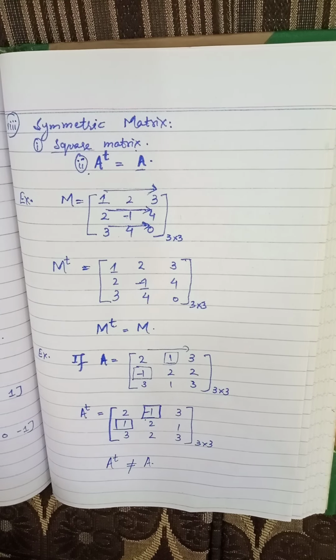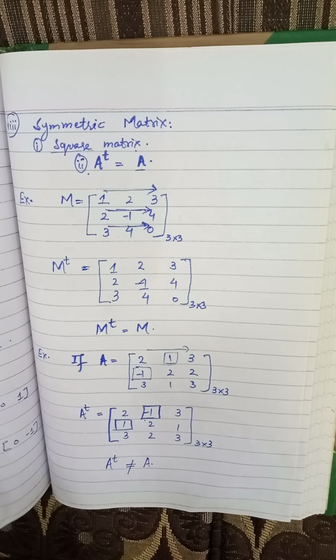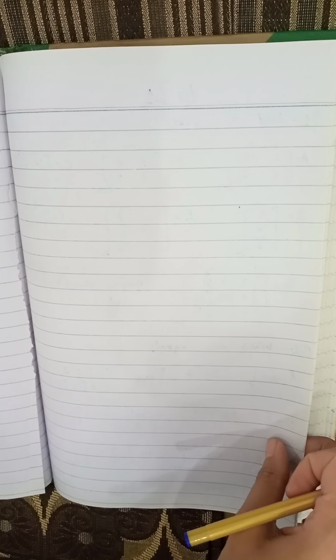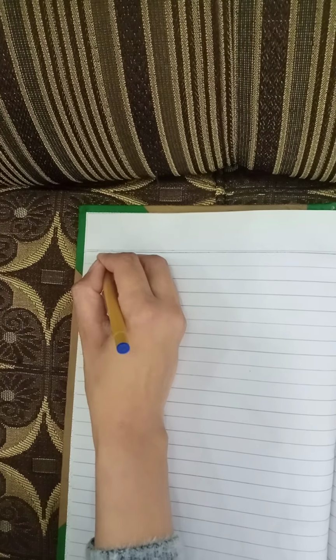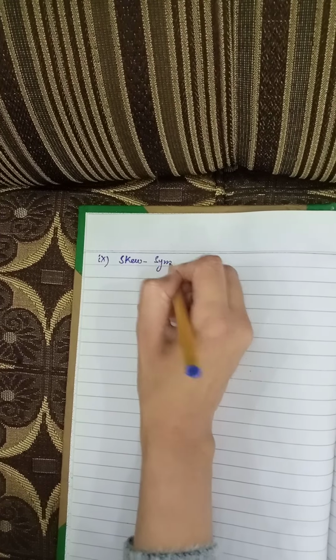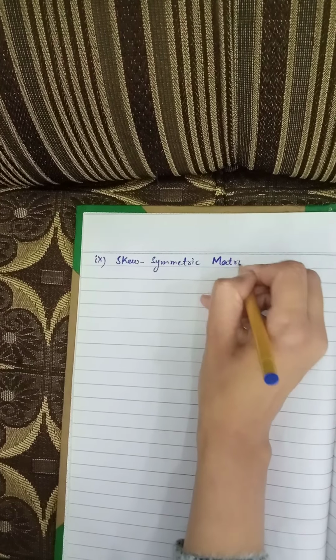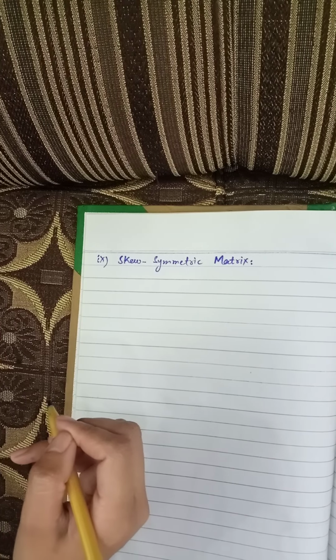Okay, now we will move forward. We are going to check the skew symmetric. If this is a symmetric matrix, then what would be a skew symmetric? Skew symmetric is basically the same as a symmetric matrix, but where there is a negative, there we differ.